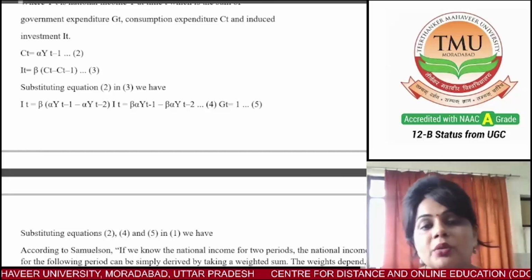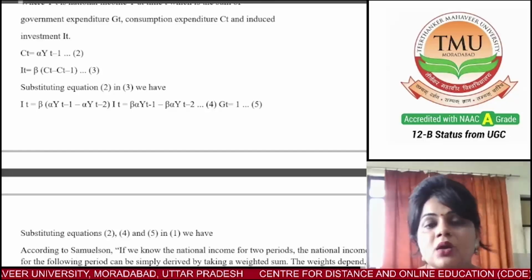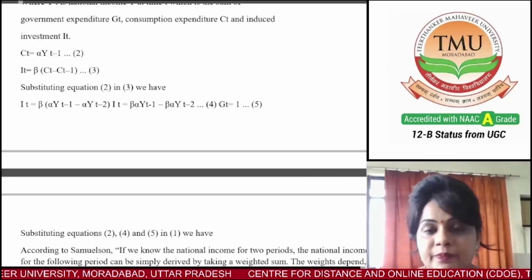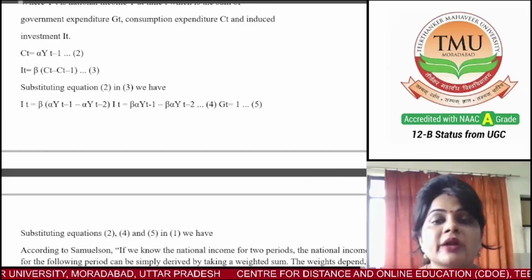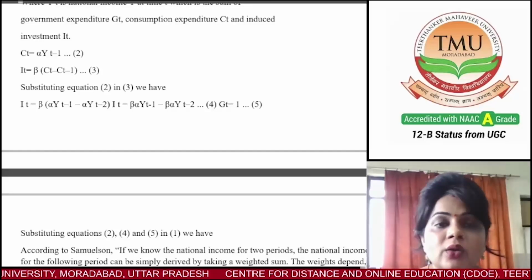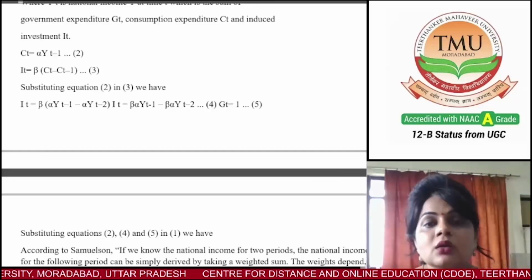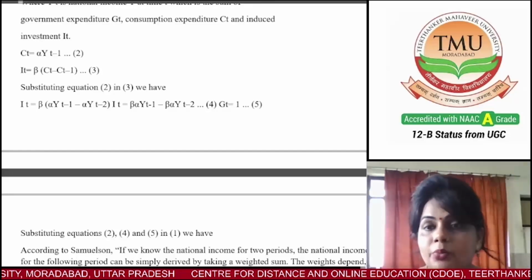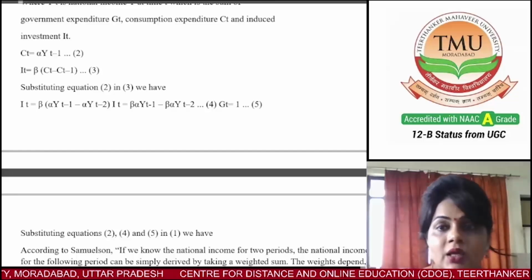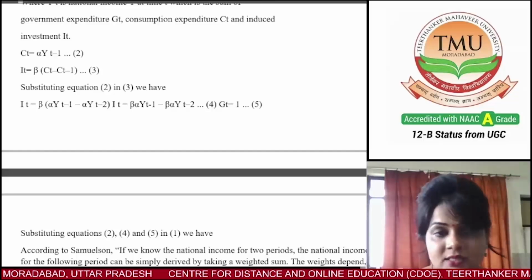But whether the economy moves towards a new equilibrium or deviates away from it depends upon the value of the marginal propensity to consume and the capital output ratio. The capital output ratio is the accelerator.